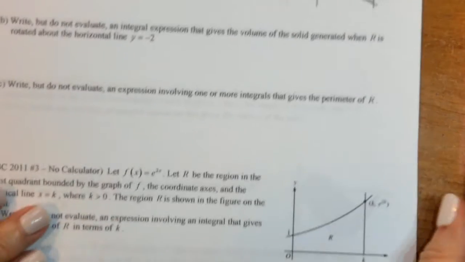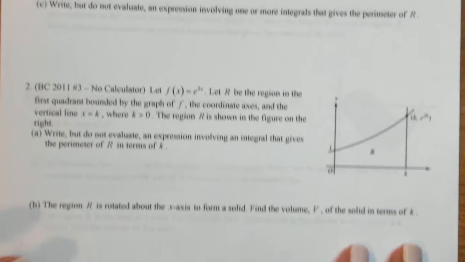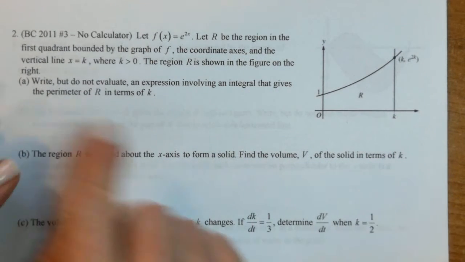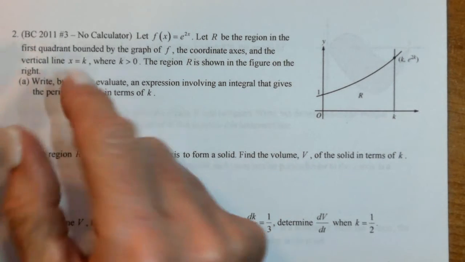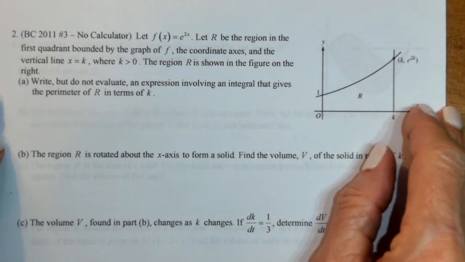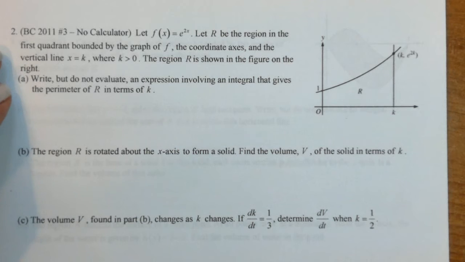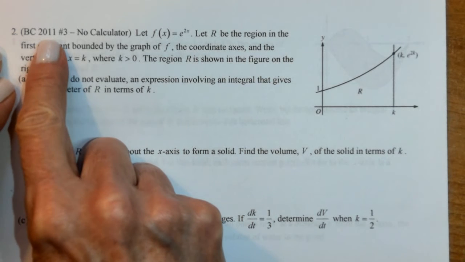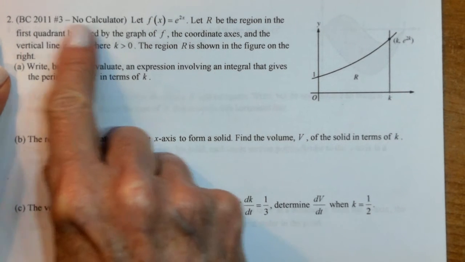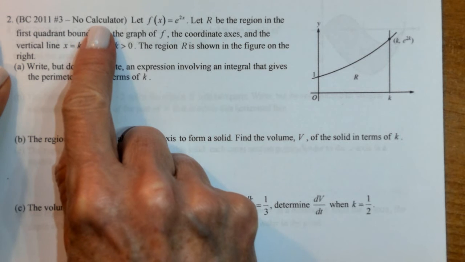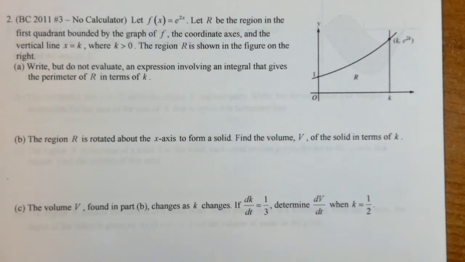So let's take a look at your problems that I printed out. I know I'm going to be updating this each year, but this year that I'm making it, it's number 2. But again, I'm going to be changing this. As we get more problems, I always update my sheet. So this is the problem from 2011, and I'd like to start there. This question was with no calculator, so we will not use a calculator.